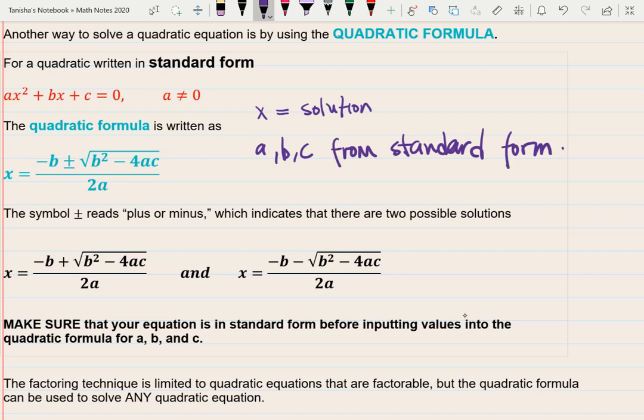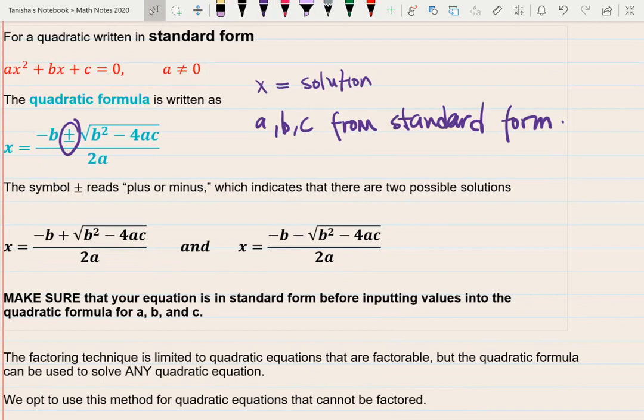Note that the symbol plus or minus is read as plus or minus, which indicates that there are two possible solutions: you would add the square root of b squared minus 4ac to the negative b and then divide by 2a, or you would subtract the square root of b squared minus 4ac from the negative b all over 2a.